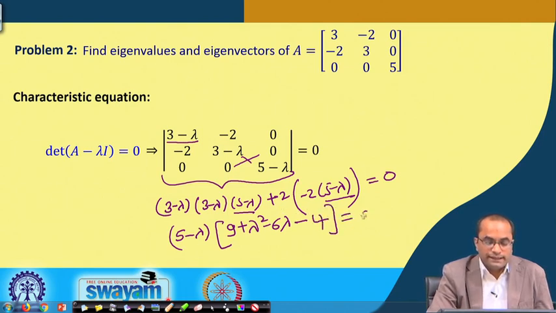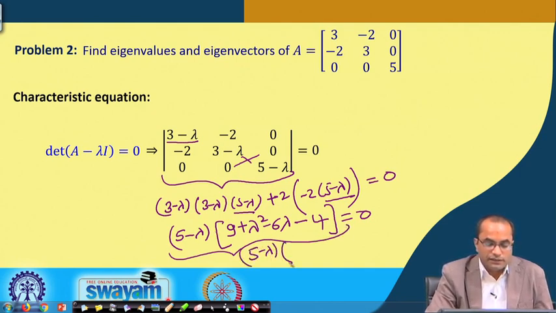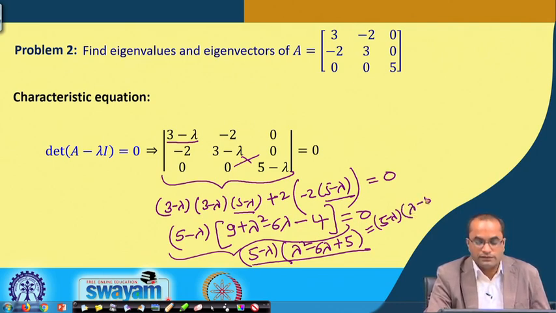So, this is the characteristic equation, and again we can factorize the second term. So, here 5 minus lambda, and this is lambda square minus 6 lambda plus 5. So, we got this 5 minus lambda factor, and then lambda minus 5 and lambda minus 1, equal to 0.